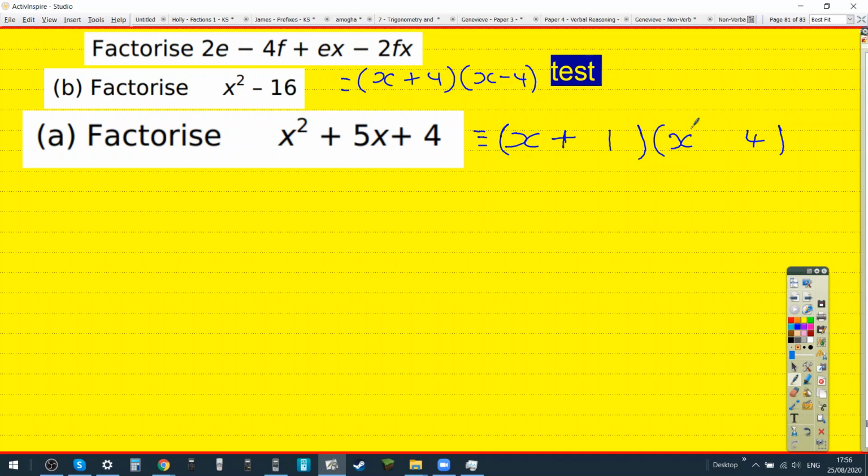Would that make plus 5 overall? Yes. And what if this had said it was equal to 0? What would x be then? x would be minus 1, or minus 4.